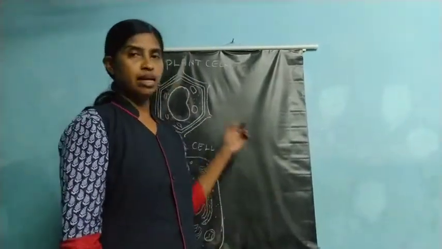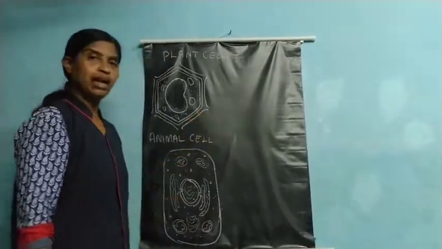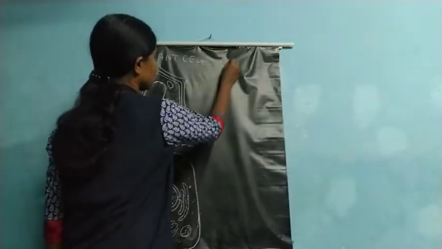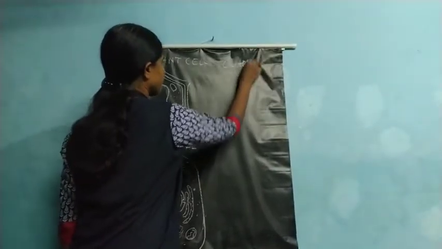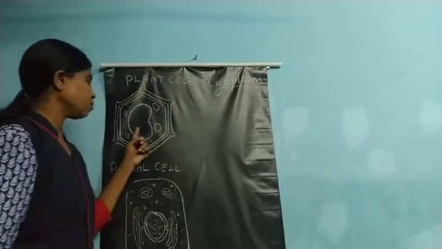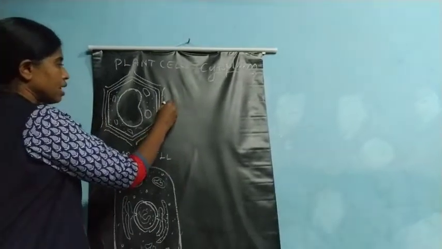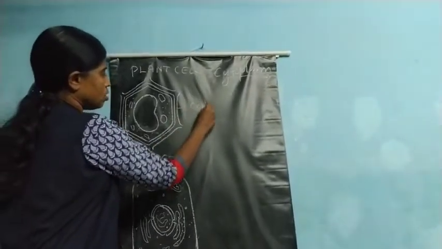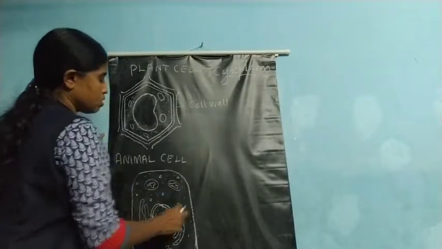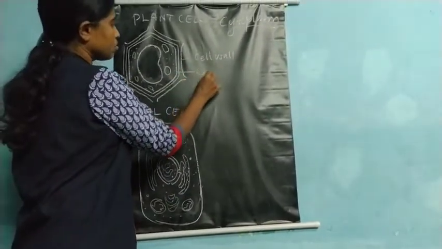Welcome to biology class. Last class we have seen cell wall and plasma membrane. Today we are going to see the cytoplasm. This is a plant cell and animal cell, and you can find the cell wall is here, but cell wall is absent in animal cell.